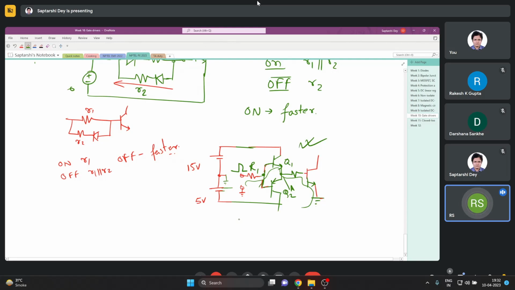Do we need some capacitor across that 5 volts, sir? No, we do not need a capacitor across the 5 volts. How is the current flowing? Just a minute. Let me remove this.